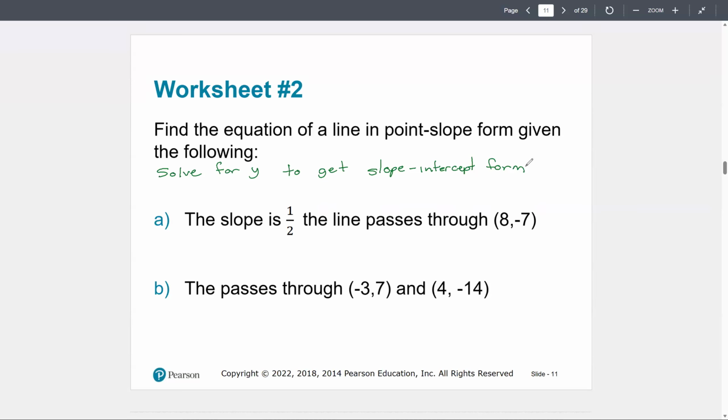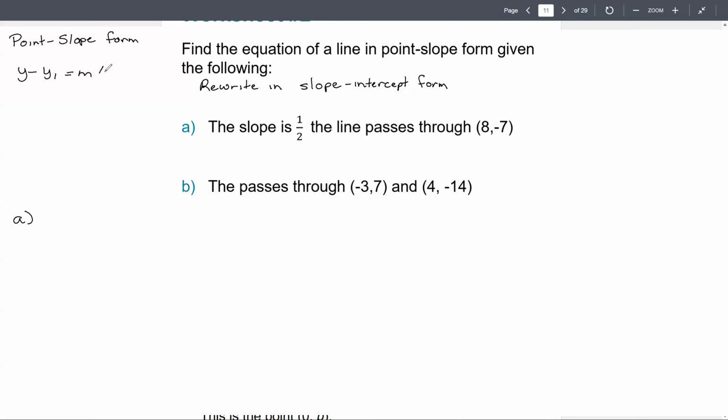We're going to start with A here. So we know point slope form is y minus y1 equals m times x minus x1. So we have an m, we have an x1, and we have a y1.